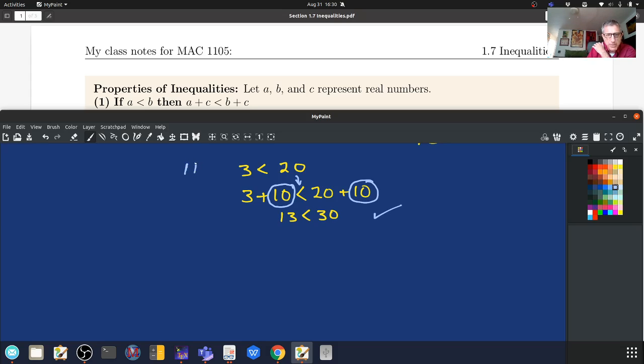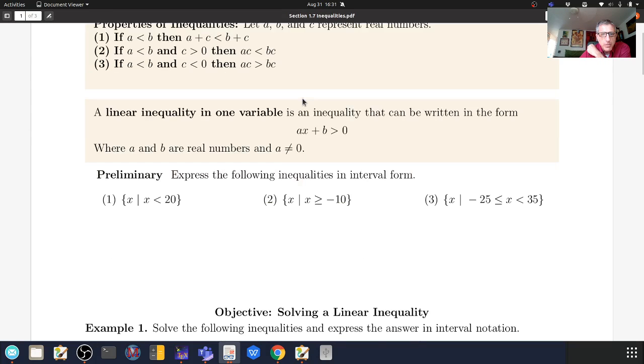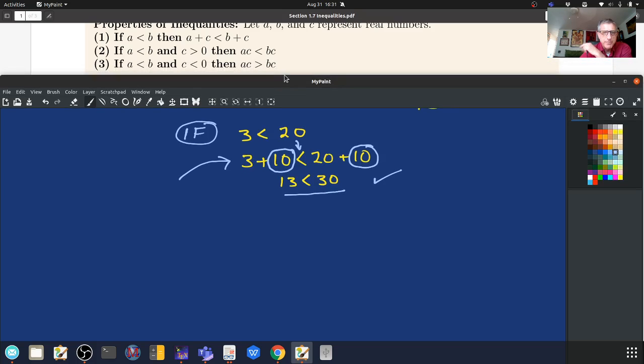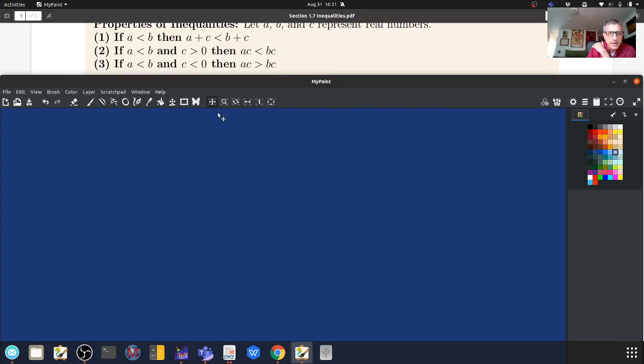So if the original inequality is true, then by adding the same quantity to both sides, the final inequality is still true. Here is the only different one. I mean, that really parallels the addition property. But let's unpack what these next two properties say.